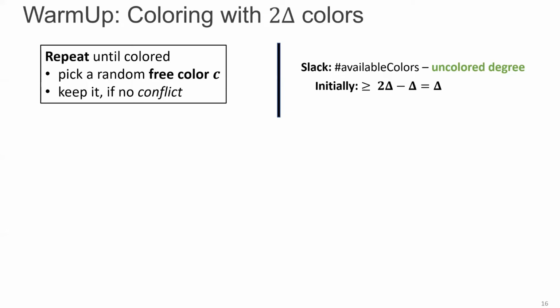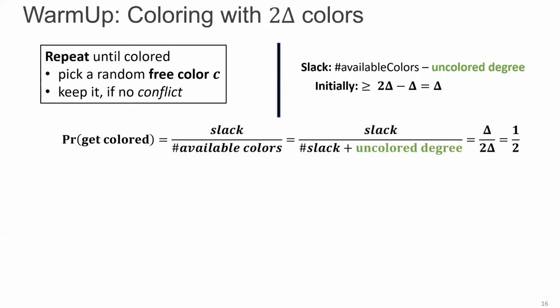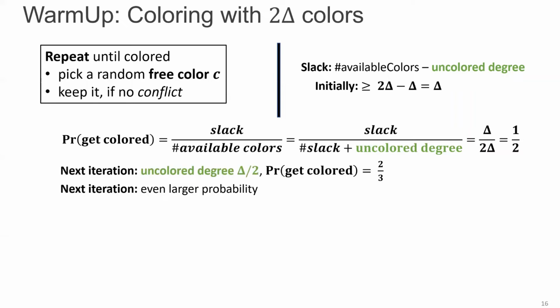And this slack predominantly determines your probability to be colored, because the probability that a vertex gets colored is just the slack over the number of available colors. So at the start, this is going to be 1/2. But now if you execute this algorithm for one step, then after the next iteration, your uncolored degree will be only delta half.